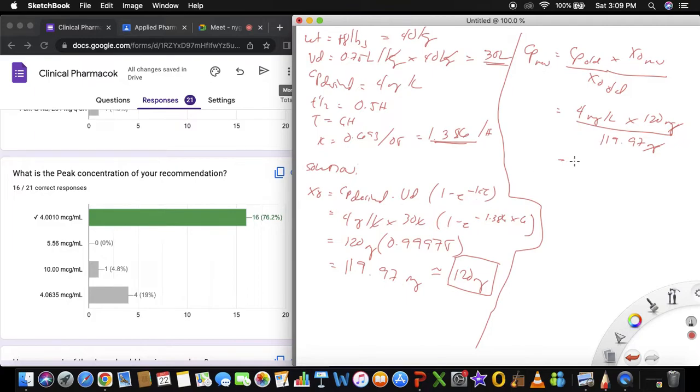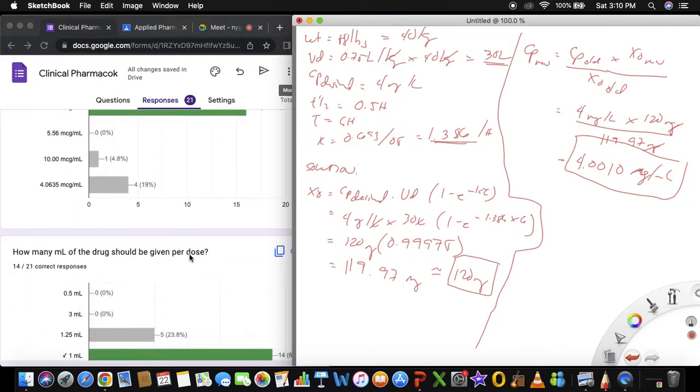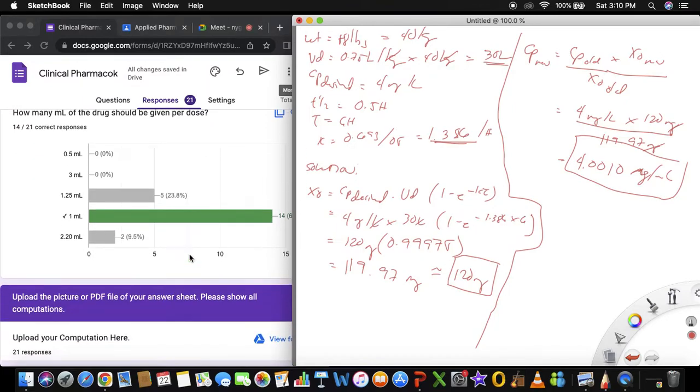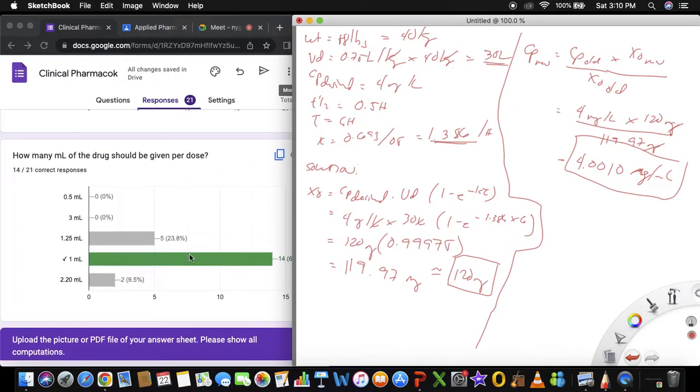You get 4.0010 micrograms per ml. Alright? So that will be my expected plasma concentration if I use 120 milligrams. The difference is very minimal. And in terms of how many ml, you can just use proportion for this one. Alright? Okay.